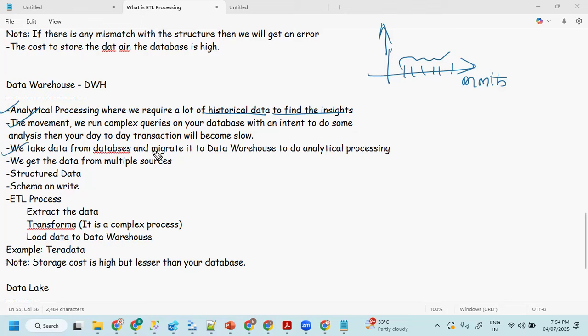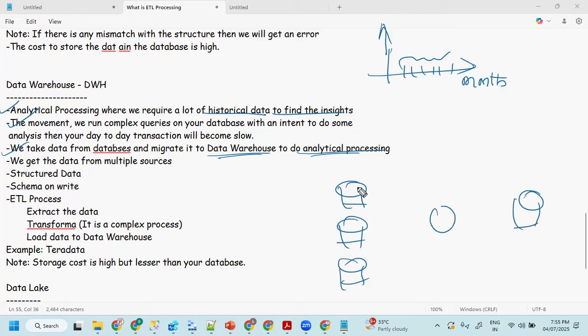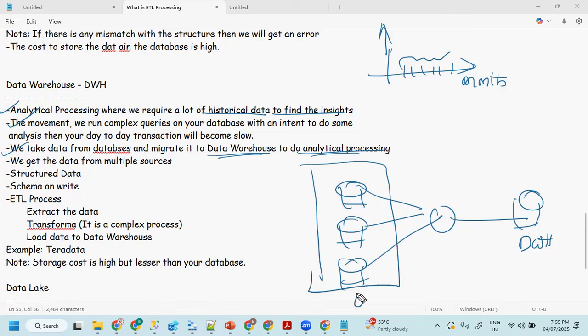We take the data from the databases and migrate it to the data warehouse to do the analytical processing. That is what we discussed. If you have multiple OLTP systems, in order to load the data into the data warehouse, you are taking data from all the systems, integrating it and loading it into the DWS. These systems we can call OLTP systems.